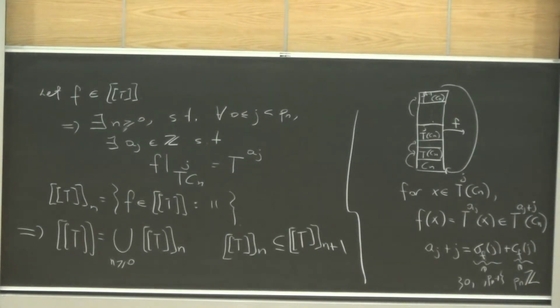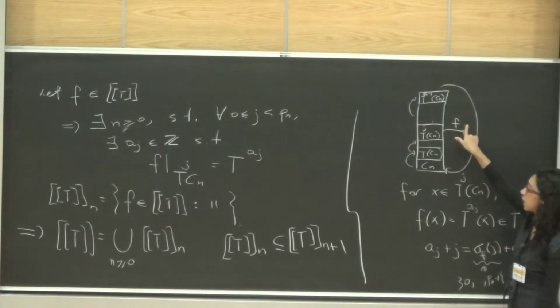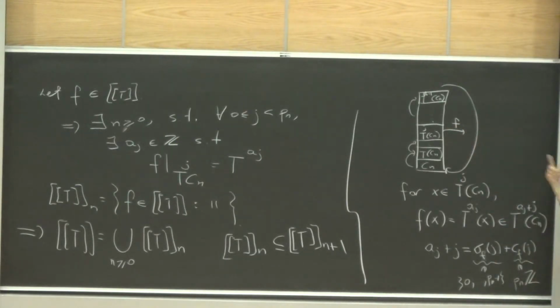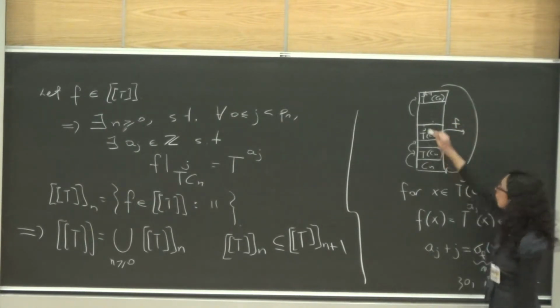So what happens with this atom of the tower when we apply the function f? We move this atom to the atom, this thing, Cn. And this number here will tell us how many times you have to do this.